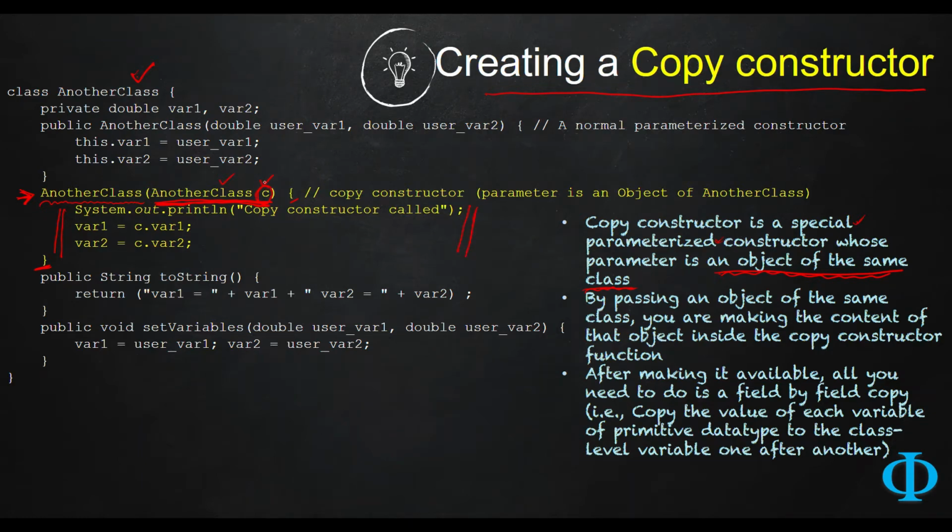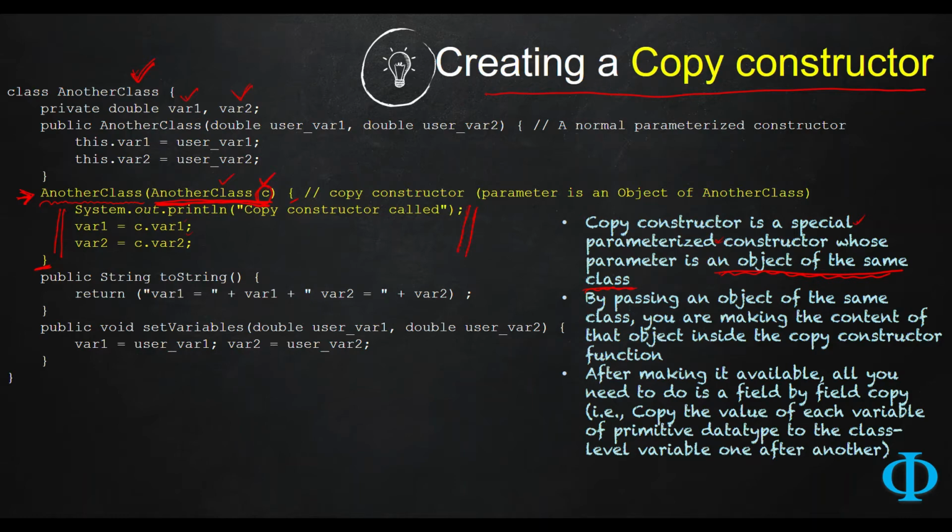C is nothing but an object of another class, right? C has var1, C has another double variable var2, all these things. So whenever you are passing this C as a parameter inside this copy constructor, you are making all the content, all the variables of C, available inside this copy constructor. For example, c.var1, c.var2, all these things.